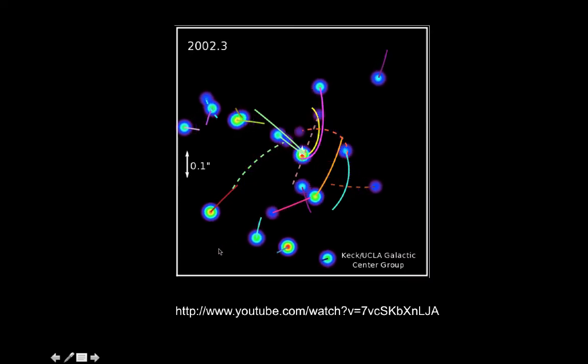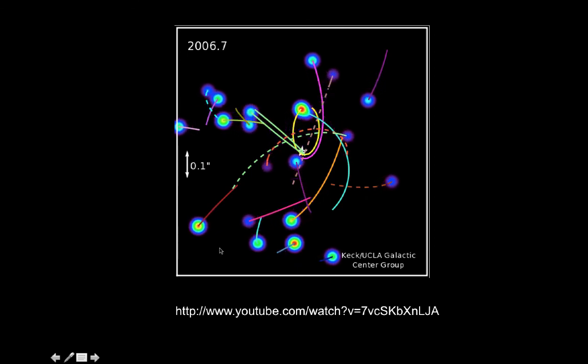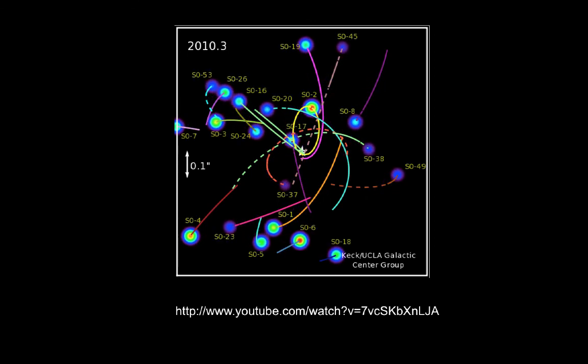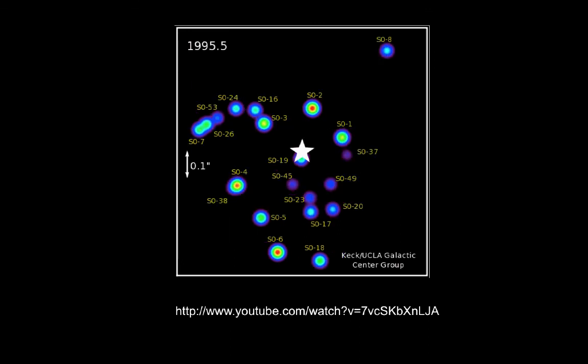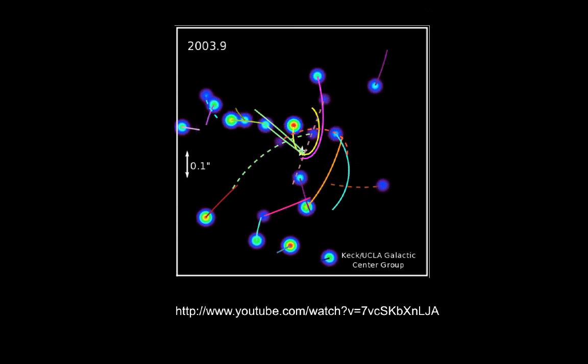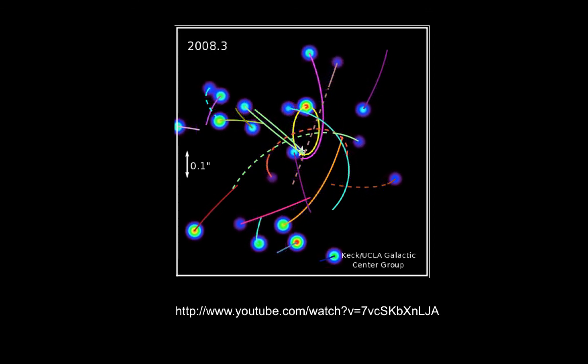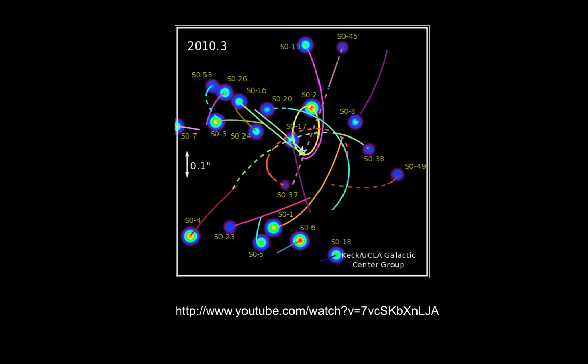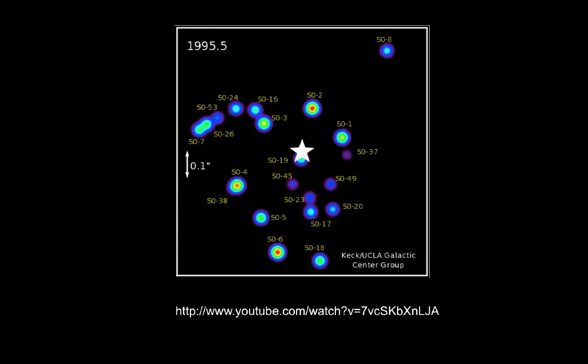Here is an animation of the observed orbits of the stars around the center of our galaxy. These are all stars that we can observe directly, and their orbits around the center of the galaxy, that close to the center of the galaxy, are so quick that we can track them in real time.